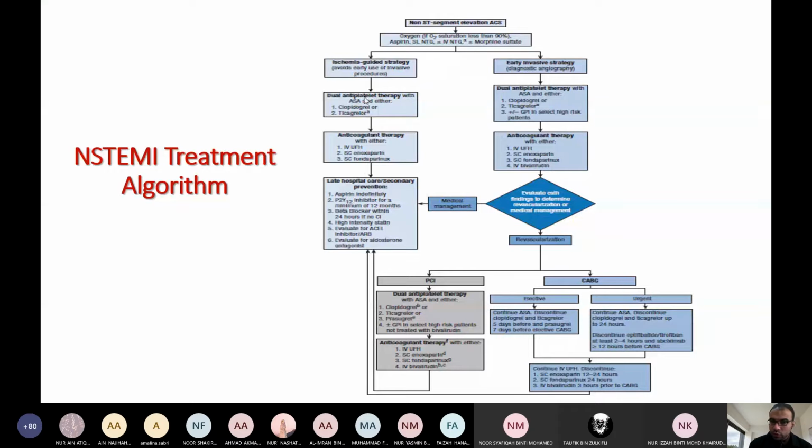So, brothers and sisters, what do you think here? If you want to compare the dual antiplatelet therapy here and the dual antiplatelet therapy here, what is the difference? And associated with this, what is the difference between the anticoagulant here and the anticoagulant here? You can see it is aspirin, clopidogrel, ticagrelor.